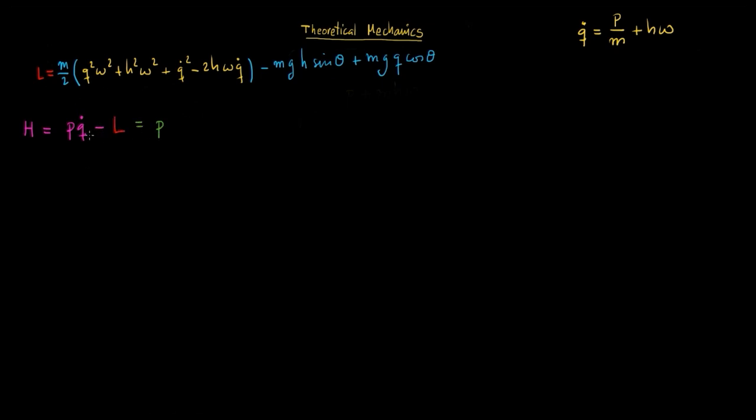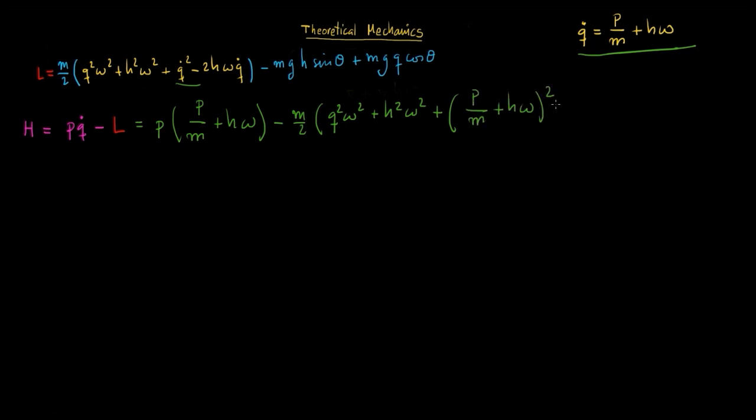So P times q dot, P over m plus h omega, minus all this, m over 2, q square omega square, h square omega square plus q dot square, but we know what q dot is, minus 2h omega, and also q dot, but q dot is p over m plus h omega.